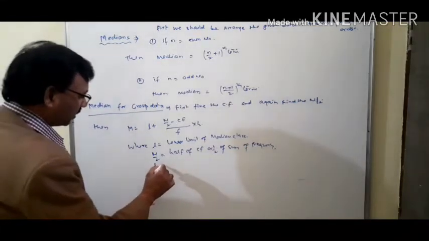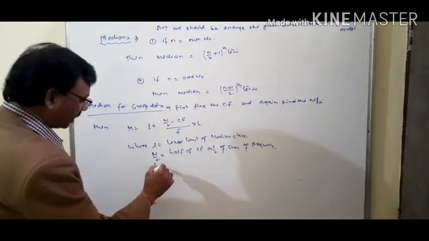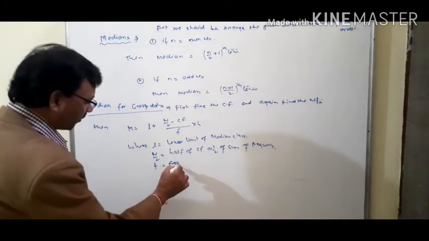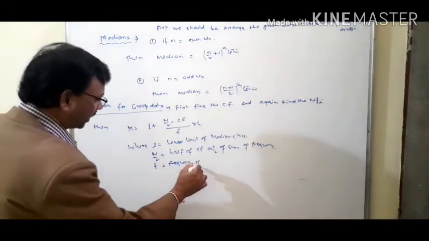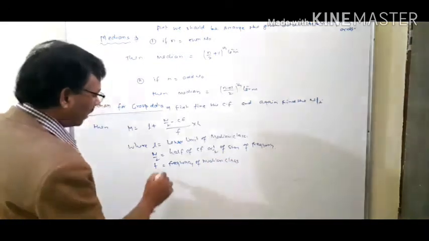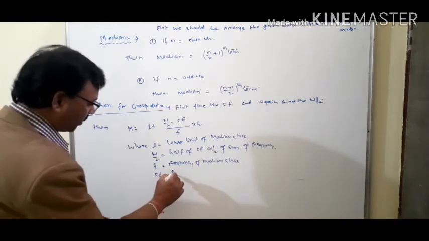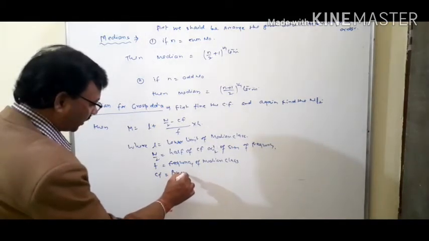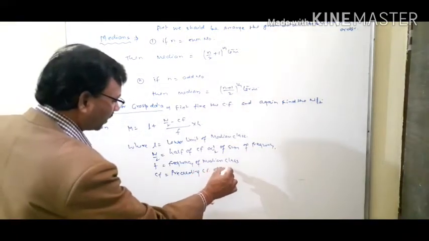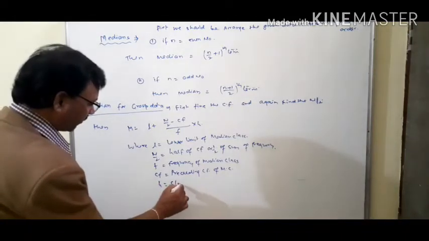F is the frequency of the median class. CF is the preceding cumulative frequency of the median class, and H equals the class size.